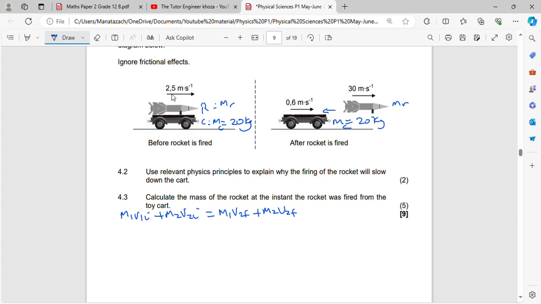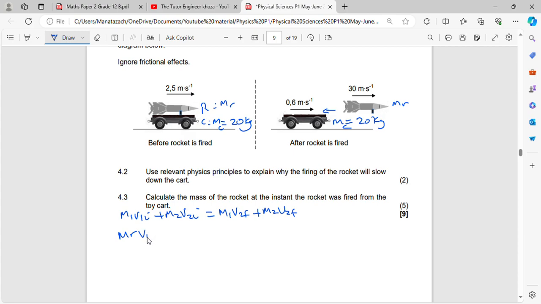So since they are both together here, they are moving at the same speed as a unit. The mass of the rocket and the cart, I can just call it m1, or I can just split it if I want as m1 and m2. So I will say mr for the rocket, that's moving at the same initial velocity.